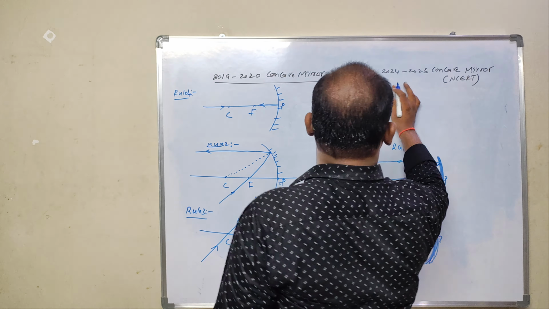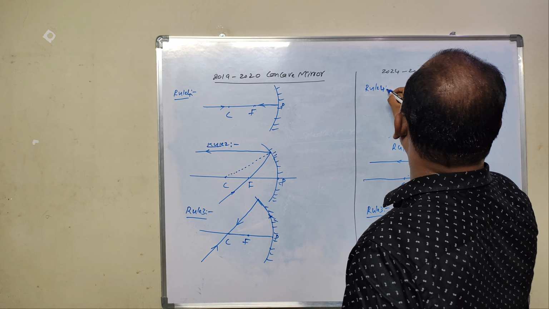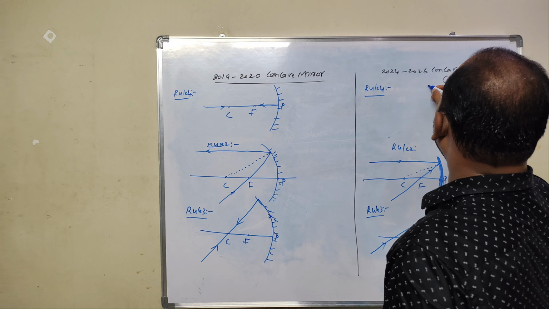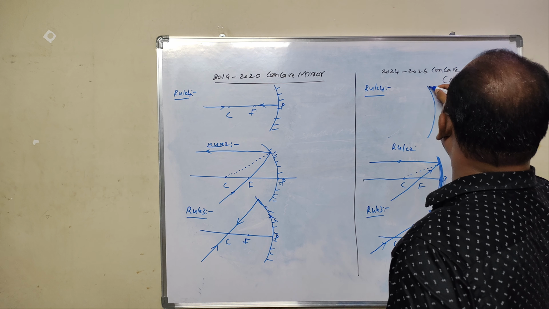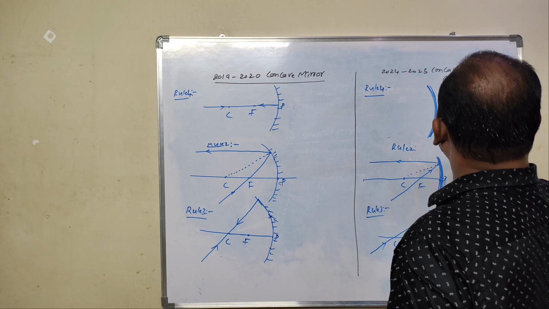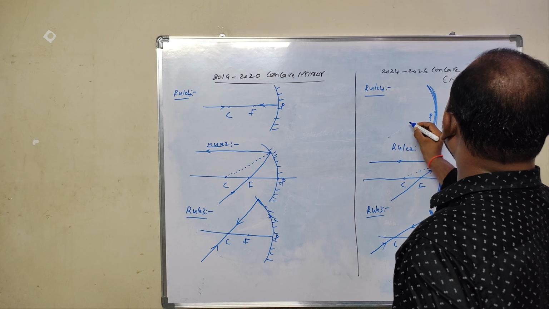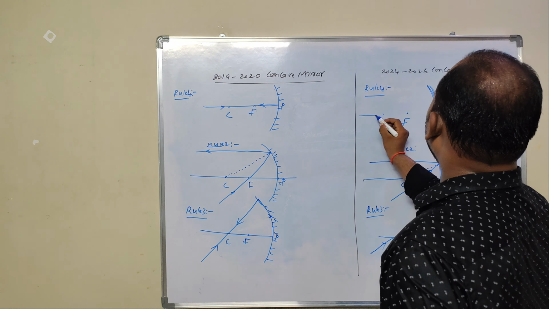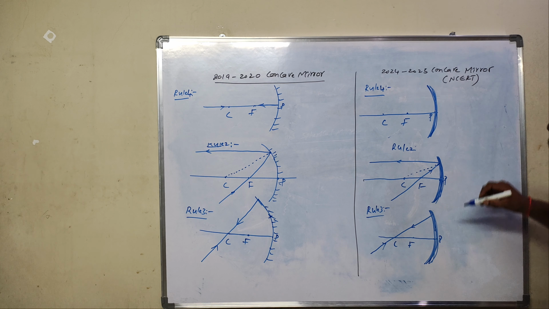But what is rule four in the 2024-25 observation? Rule four is like this. This is one of the observations found. This is P, this is F, this is C, and this is the principal axis.